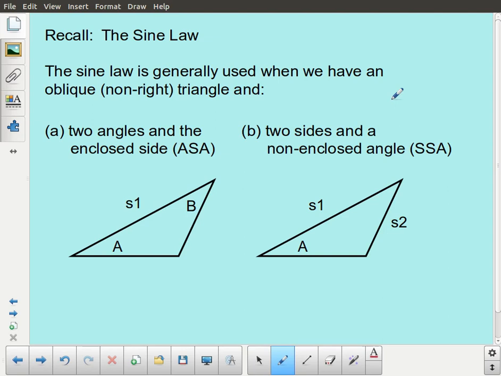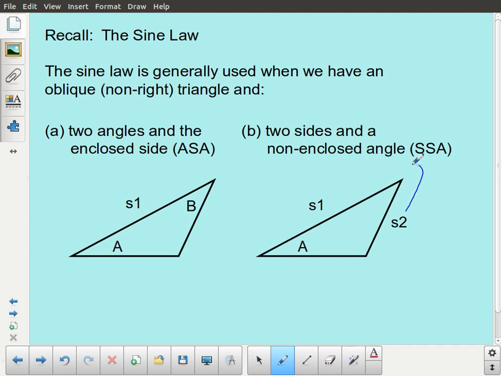The other part that we're going to make use of here is the sine law. There are two cases for the sine law. We use it when we are dealing with some sort of non-right triangle. In particular, the sine law is useful when we have two angles and the enclosed side, so angle, side, angle, or when we have two sides and the non-enclosed angle, side, side, angle.